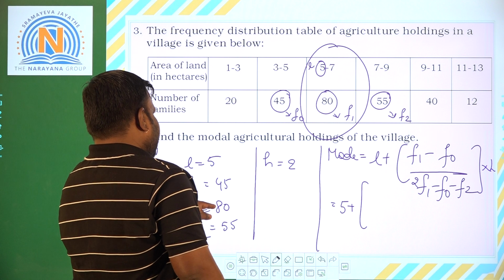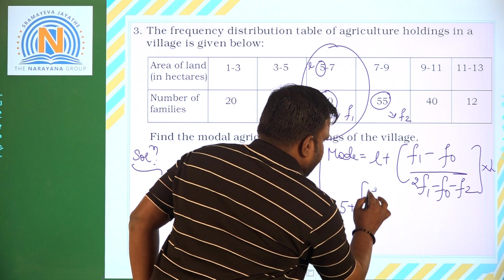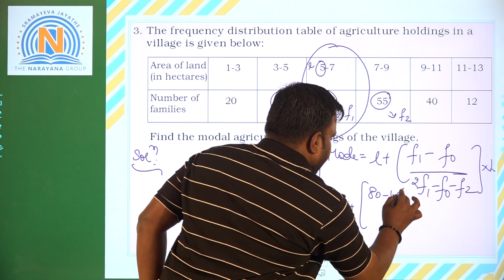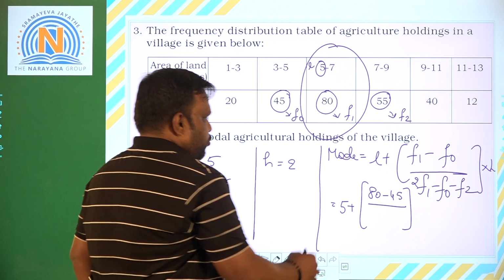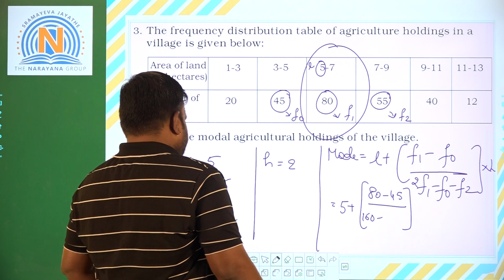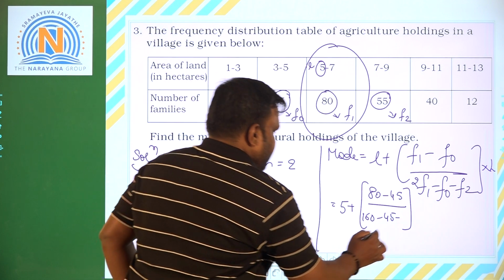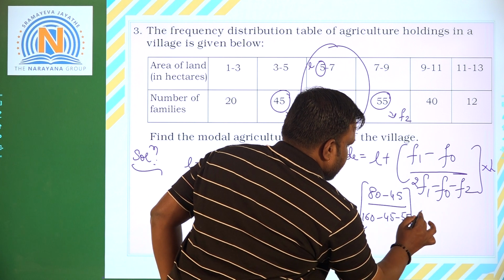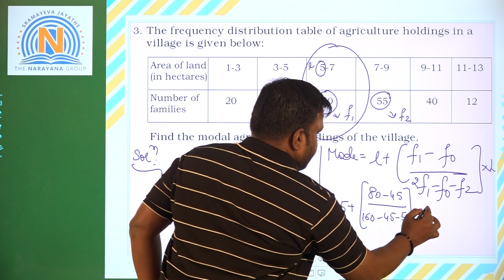F1 is 80 minus 45. So 80 minus 45 by 2F1. 2F1 means 2 into 80, that is 160, minus F0 is 45, minus F2 is 55, into H is 2 here.